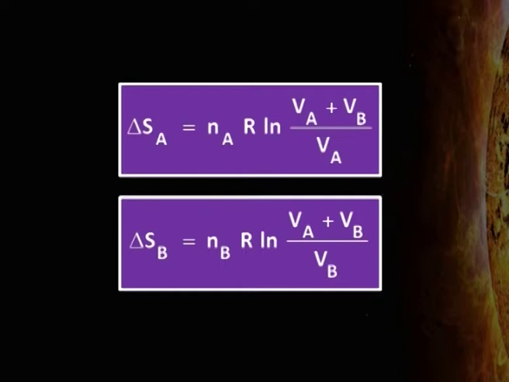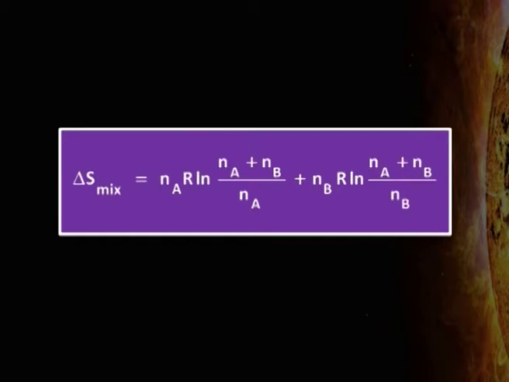Putting these values in the equation, we will get delta S mixing equal to Na R natural log (Na plus Nb) divided by Na plus Nb R natural log (Na plus Nb) divided by Nb.